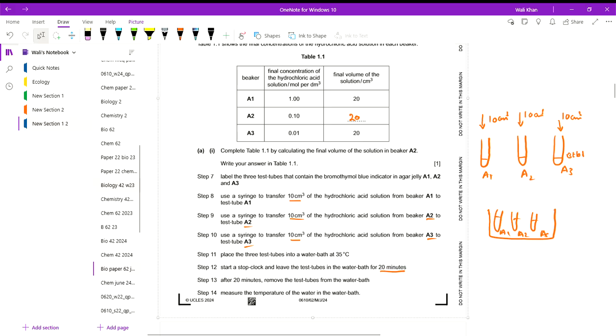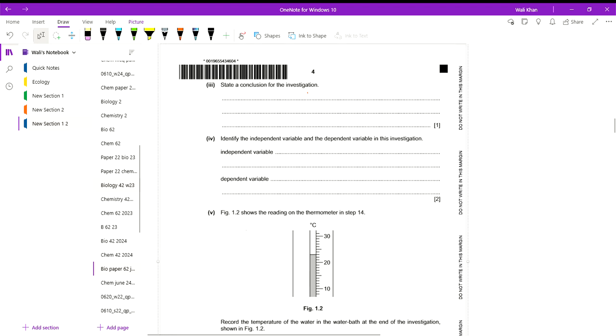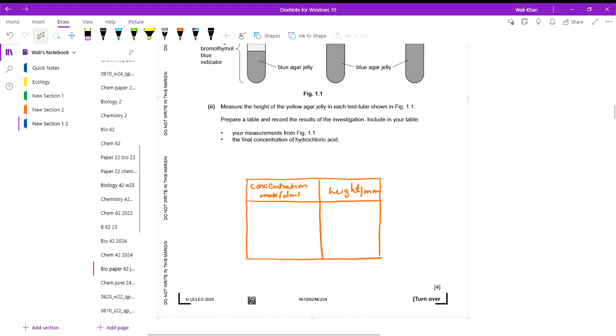We take the same concentrations: 1.00, 0.10, and then 0.01.